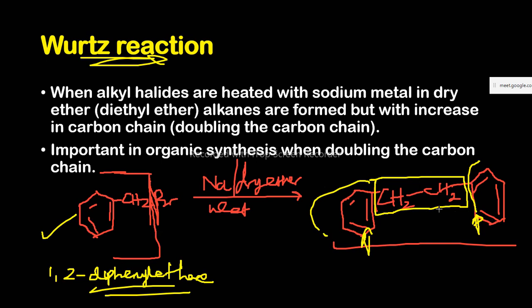Now don't ask me about the name, but anyway, you can. It is diphenyl because there are two benzene rings, and the benzene rings are named as phenyl. The groups are attached on carbon 1 and carbon 2. So that's why it becomes 1,2-diphenyl ethane. Basically, it is as simple as that.